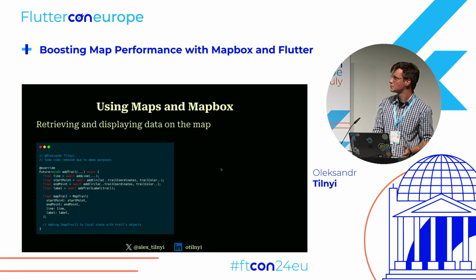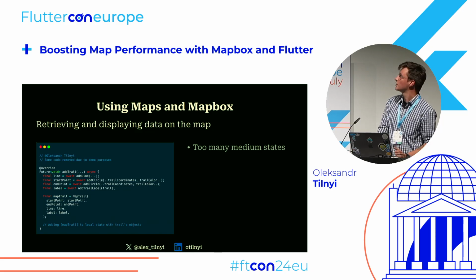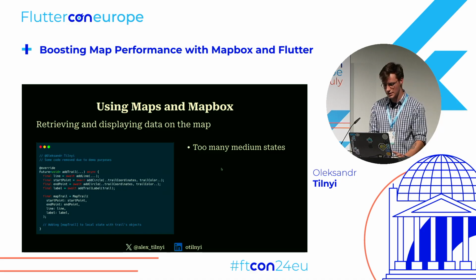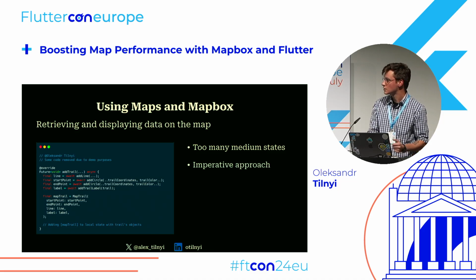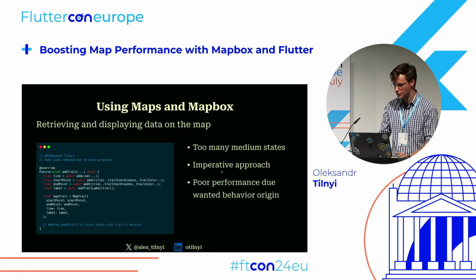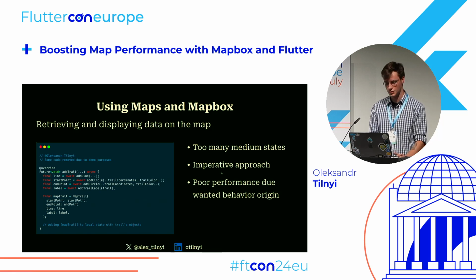This is a pretty good solution, but it leads us to some problems, which was too many states, because as you can see, we need to create a line, a start point and end point for a line, a label, then we need to store it somewhere to be able to interact with it. And that was a pretty imperative approach, because we needed to think twice when implementing stuff, and think twice when maintaining that. And that led us, unfortunately, to poor performance due to the behavior we wanted to achieve.